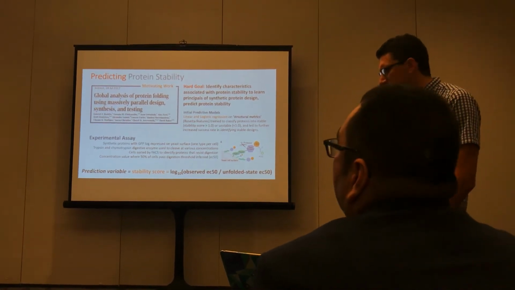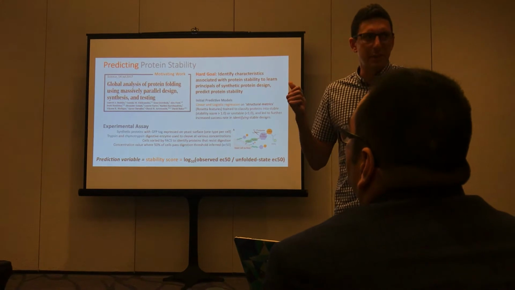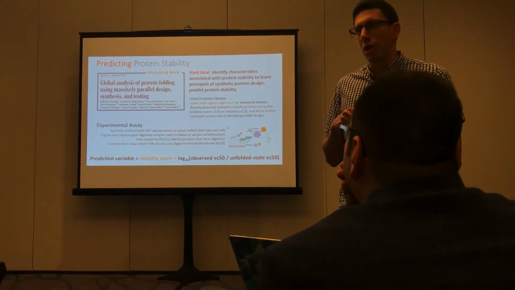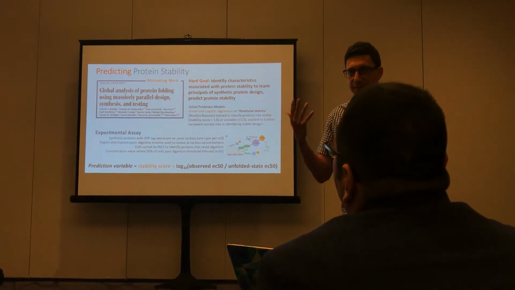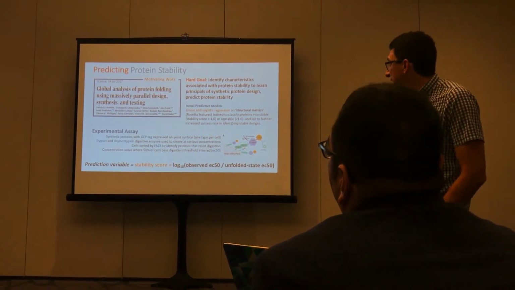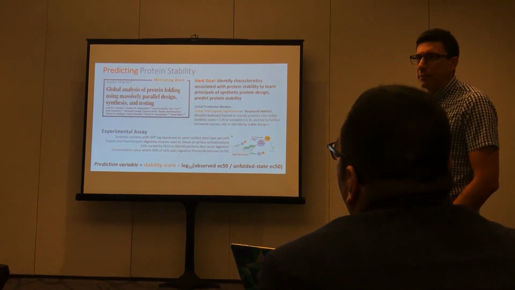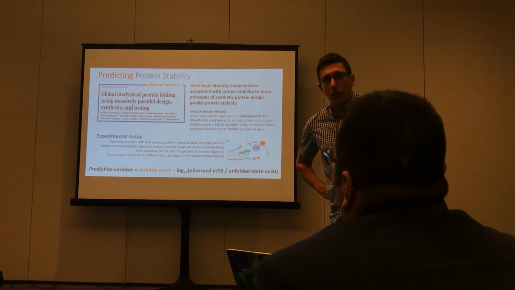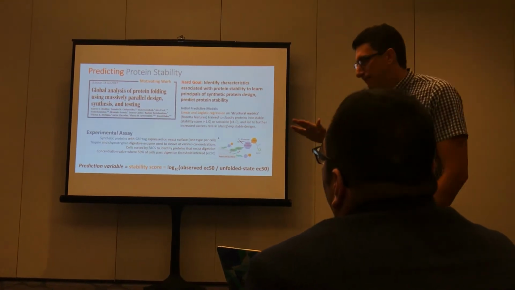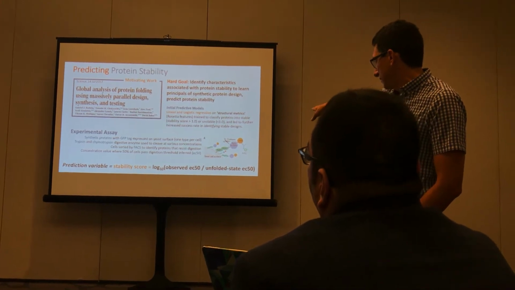So in 2017, members of the Baker Lab at the University of Washington, led by Gabe Rocklin, published the results of an assay that enables them to quantify protein stability in a high throughput manner. The details of this assay are given by this cartoon.